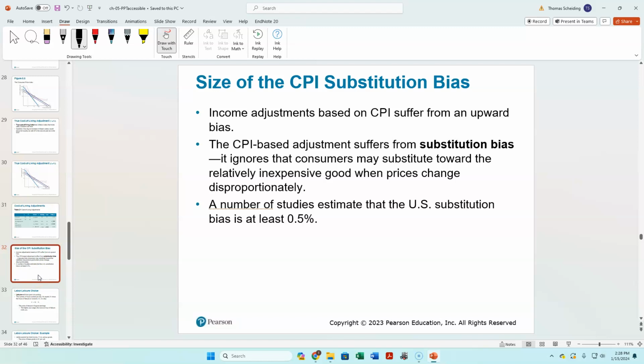When things are going up in price, we tend to substitute a bit more towards a good that's not going up in price as much. In this case, I'm substituting a little bit more towards food rather than clothing. Economists have spent a great deal of time since the late 90s doing their best to remove the substitution bias within goods.